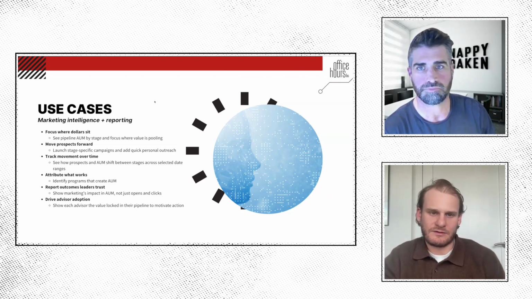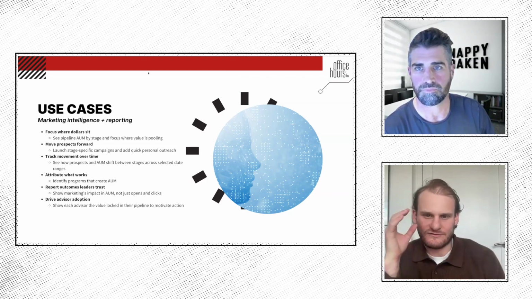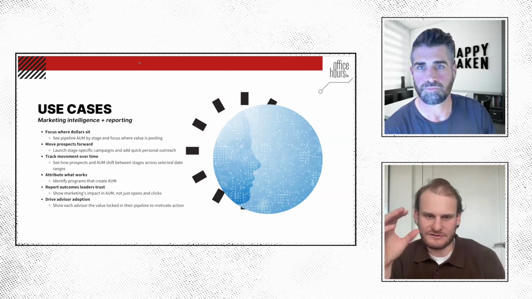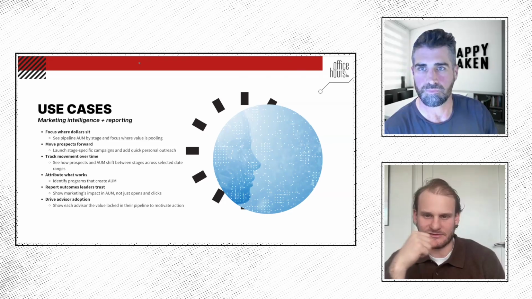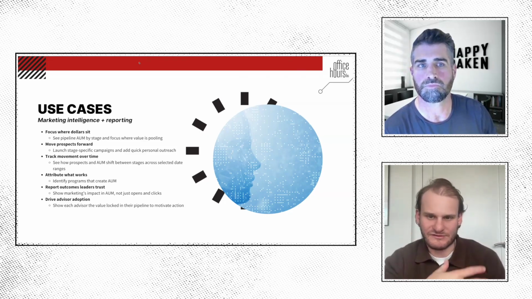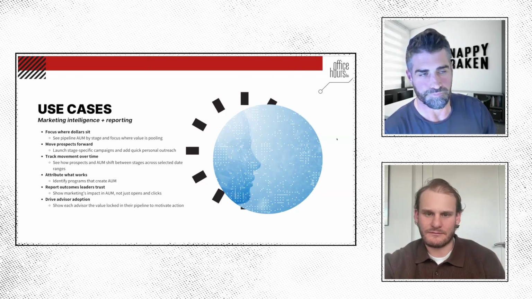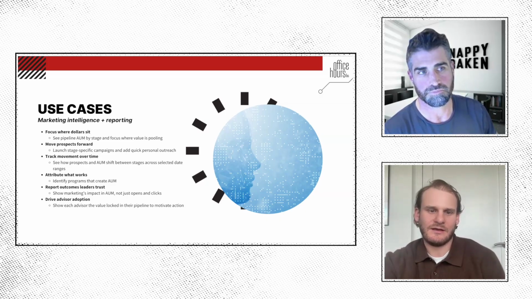You go into Snappy Kraken, you see this visual, clear representation of marketing, which is the pipeline. A pipeline is this physical representation of your client lifecycle. And so we know that seeing that marketing value representation will drive marketing action.